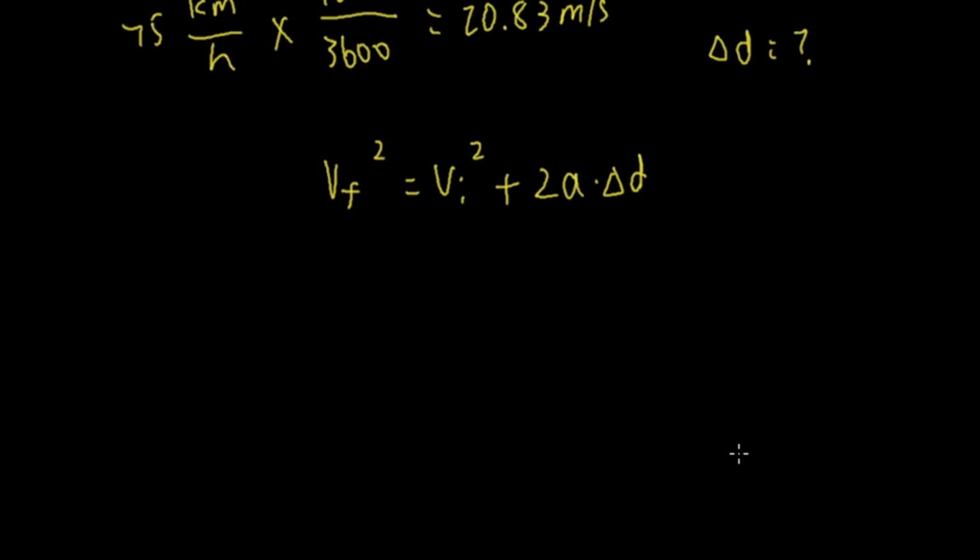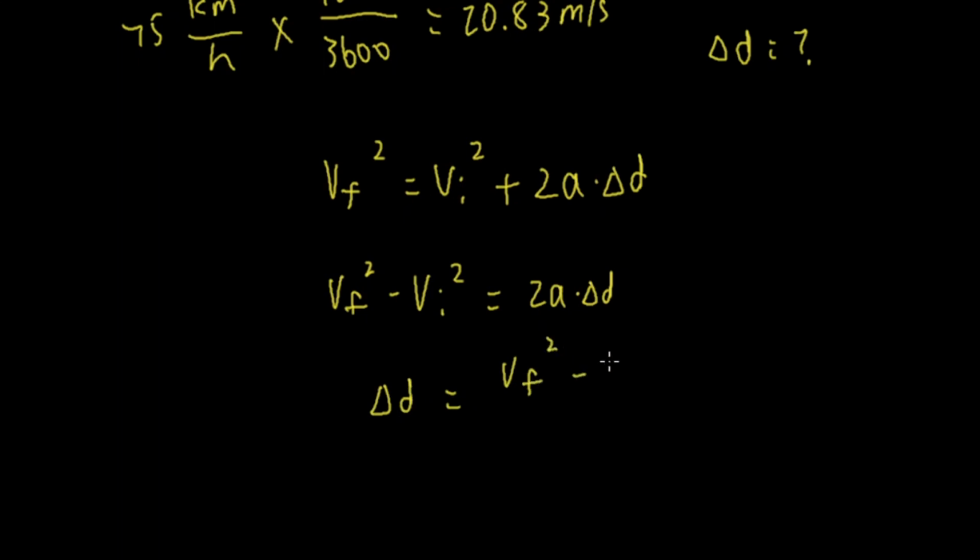Okay, let's rearrange this equation and isolate delta D. V final squared minus V initial squared is equal to 2A times delta D. Isolate delta D, we get V final squared minus V initial squared all over 2A.